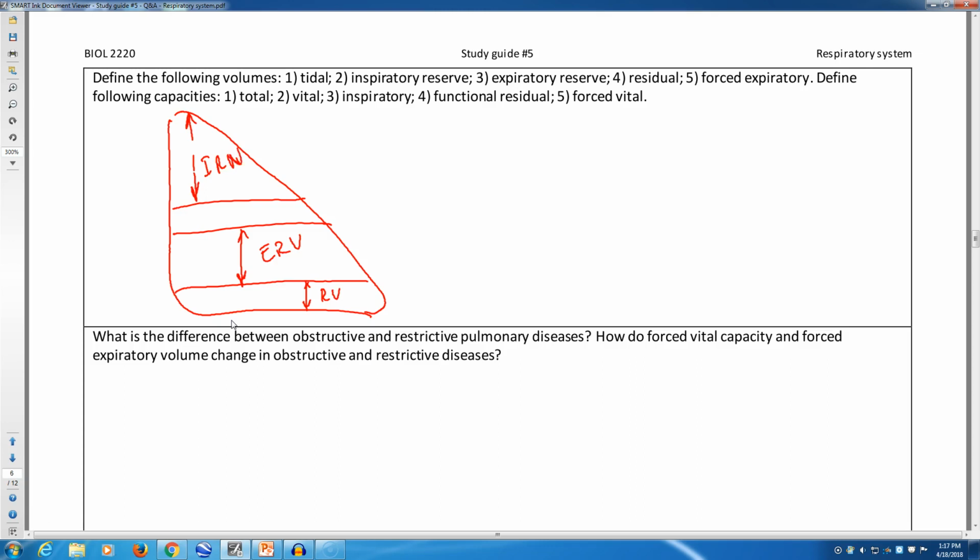Now, total lung capacity is all four of them added together. What's the vital? Everything except residual. What's the inspiratory capacity? Tidal plus inspiratory reserve. What's the functional residual?